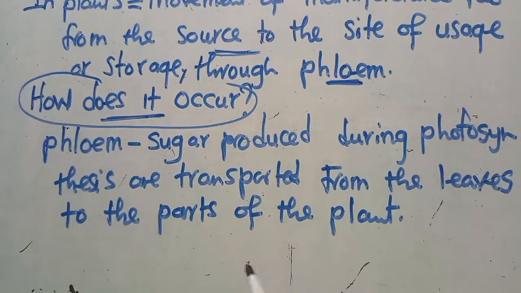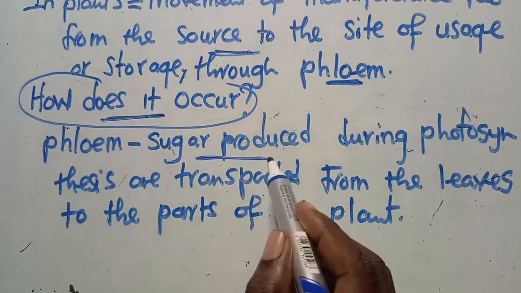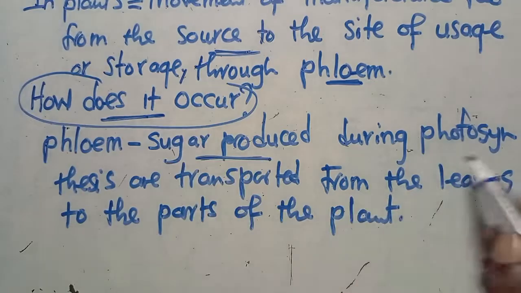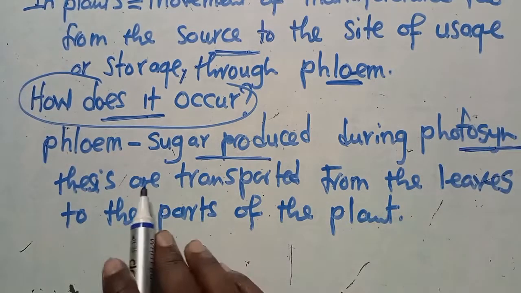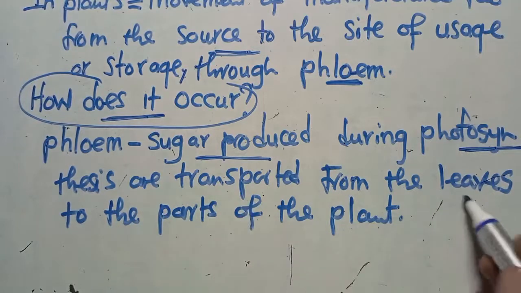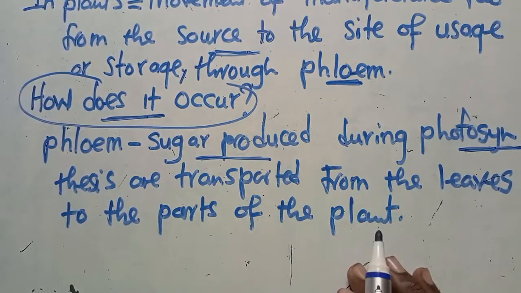So we are saying that when sugars are made in the leaves during the process called photosynthesis, they are transported from the leaves to the other parts of the plant.